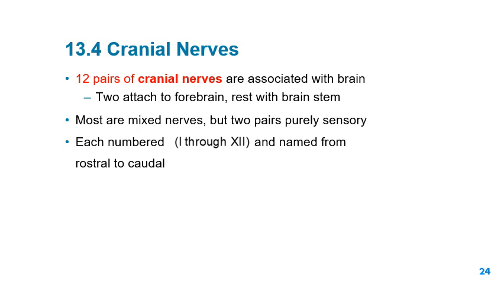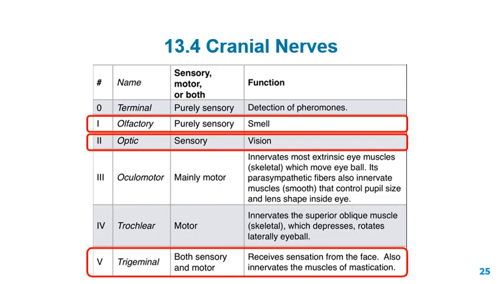First, you are going to name them in Roman numerals. Some of those cranial nerves that I think are important for you to know, like cranial nerve number 1, that is your olfactory cranial nerve. And this one is just for feeling smells.